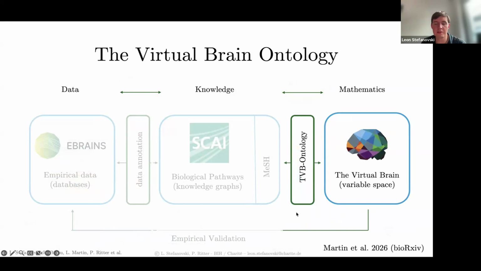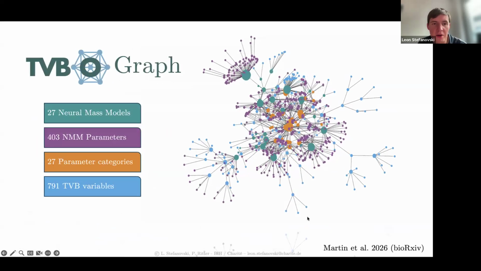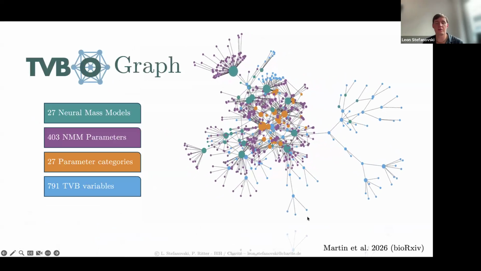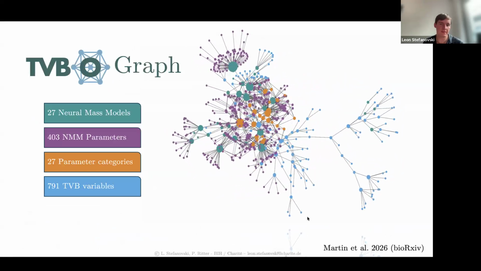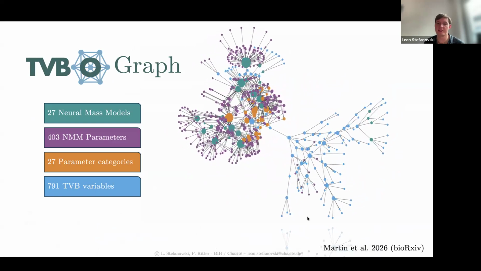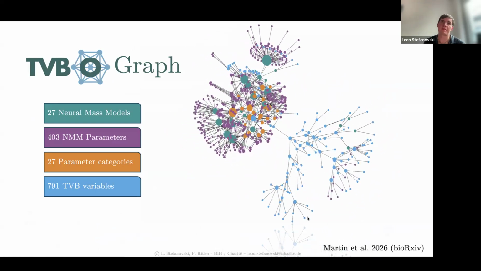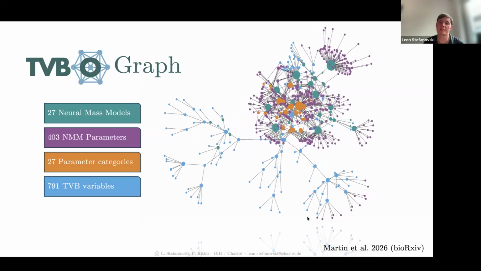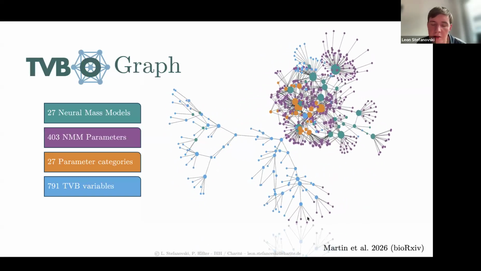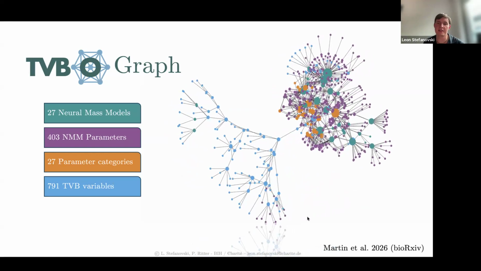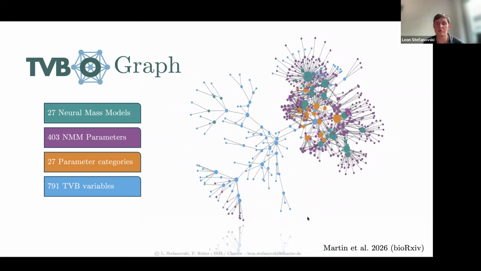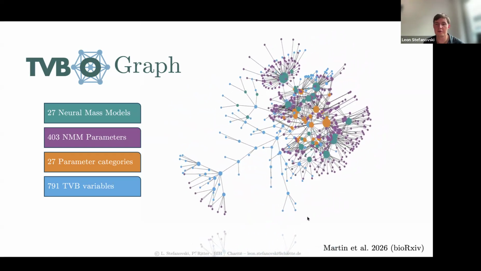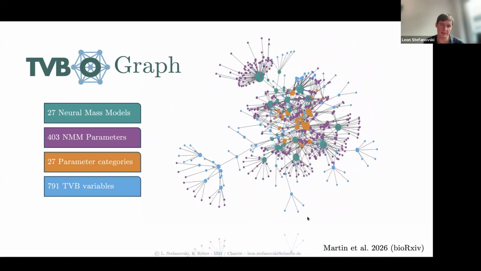To do this a bit more systematically, we can also use the virtual brain ontology. When we developed this, we came up against the problem that creating the mathematical code is still quite hard. You need a lot of expertise and have to really understand what all these models do and how to program the code for this.